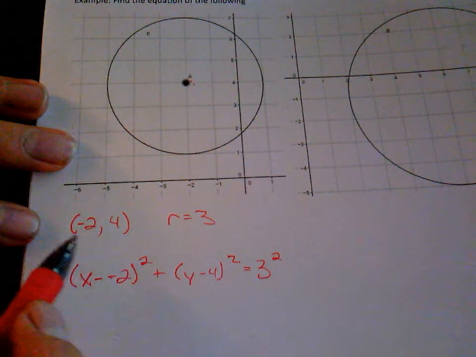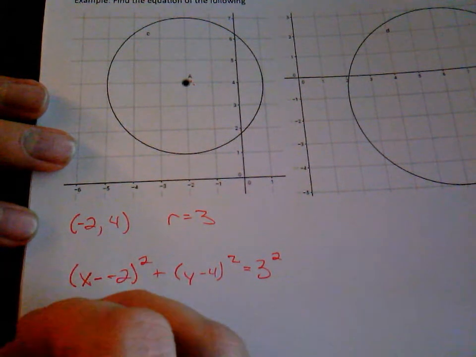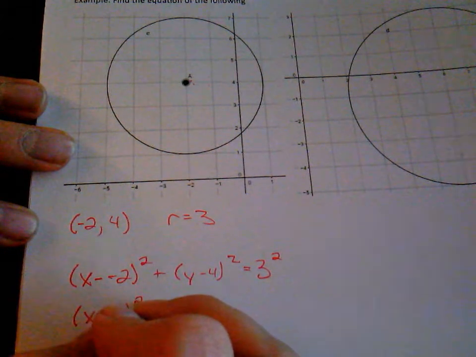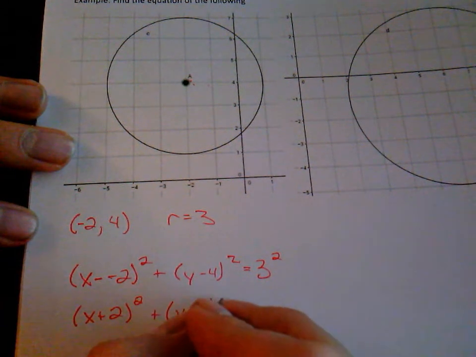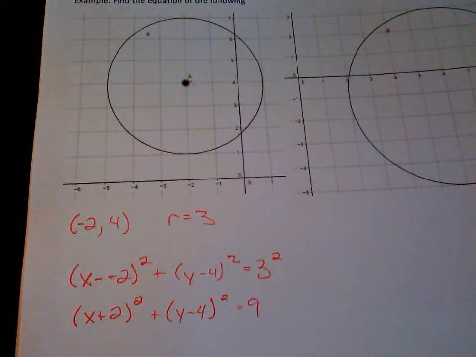Because this is negative, it makes a double negative, and then it'll end up being positive. So it's going to be (x plus 2) squared plus (y minus 4) squared equals 9. So that's the formula just looking at a graph.